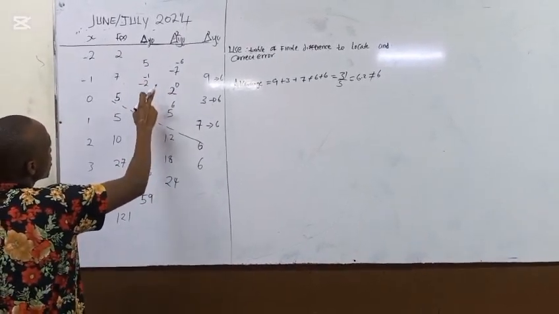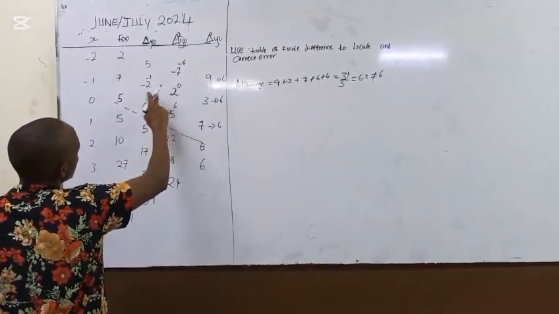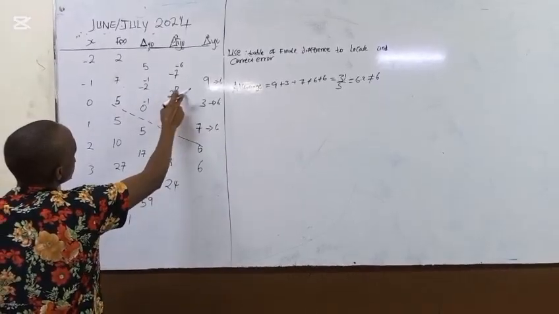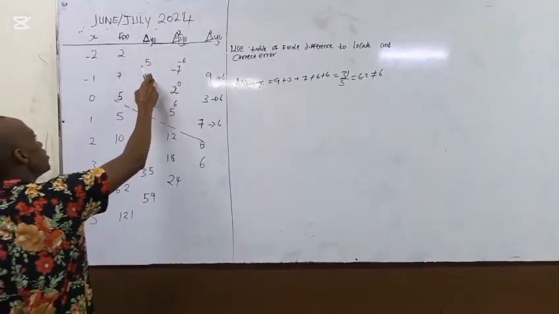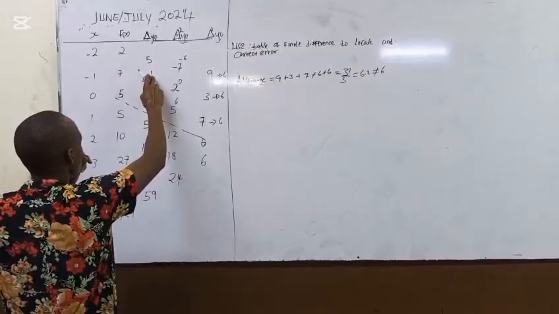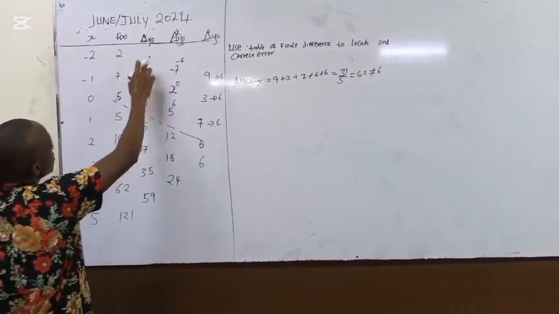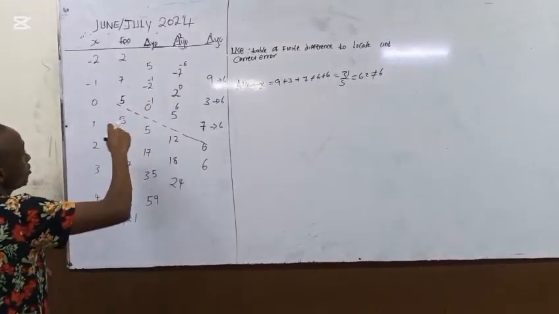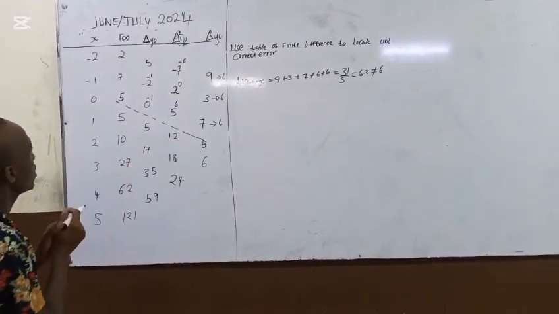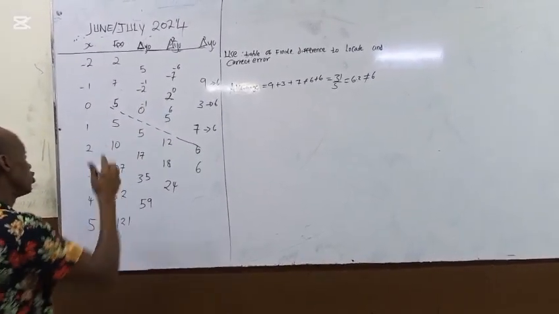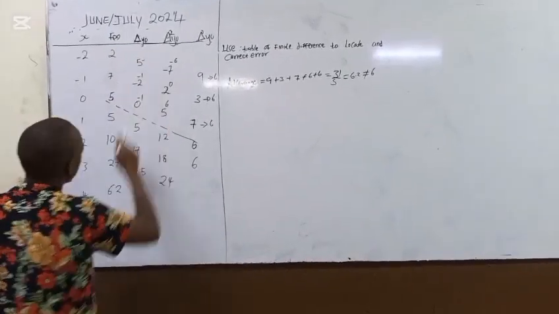Minus 1 minus minus 1, we get minus 1 plus 1, which is 0. Which number, if we subtract from minus 1, we get minus 6? It is 5. Minus 1 minus 5, we get minus 6. So this means this number is correct.